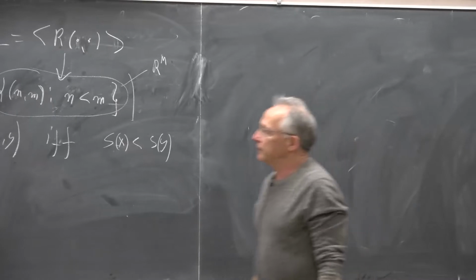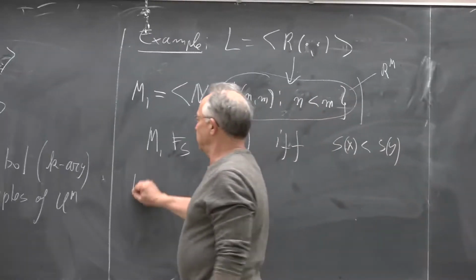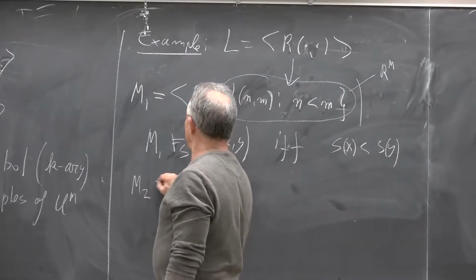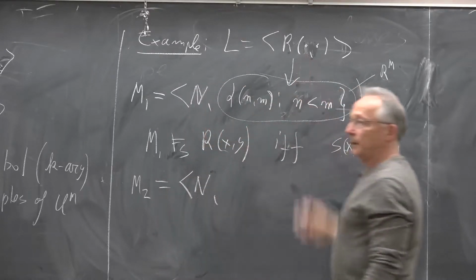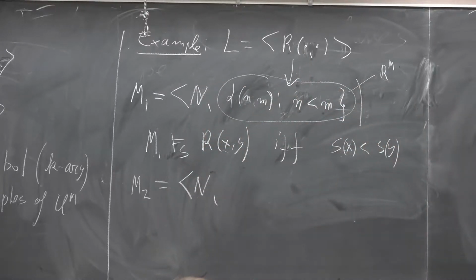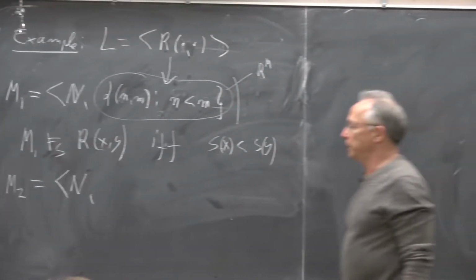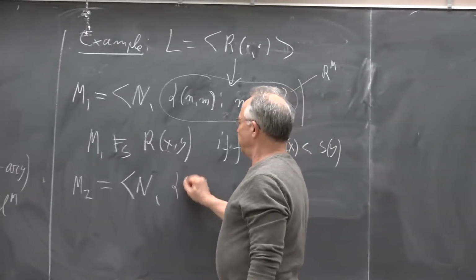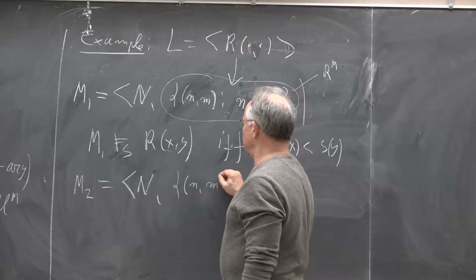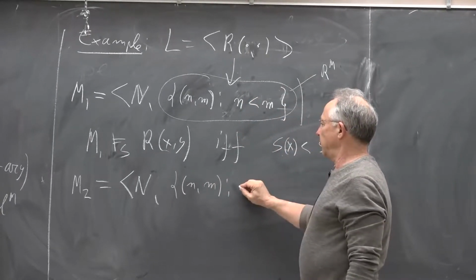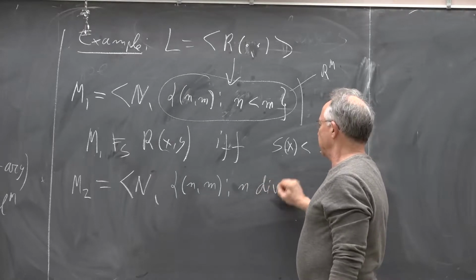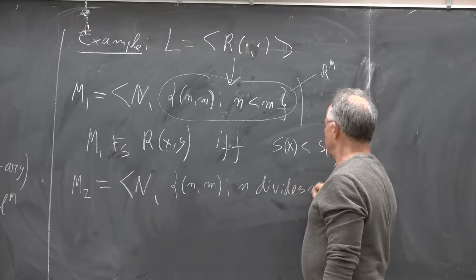And I could have a different structure, say M2, in which the universe is again the natural numbers, and I have a different interpretation of the relation R. It could be the set of all pairs (n, m) such that n divides m.